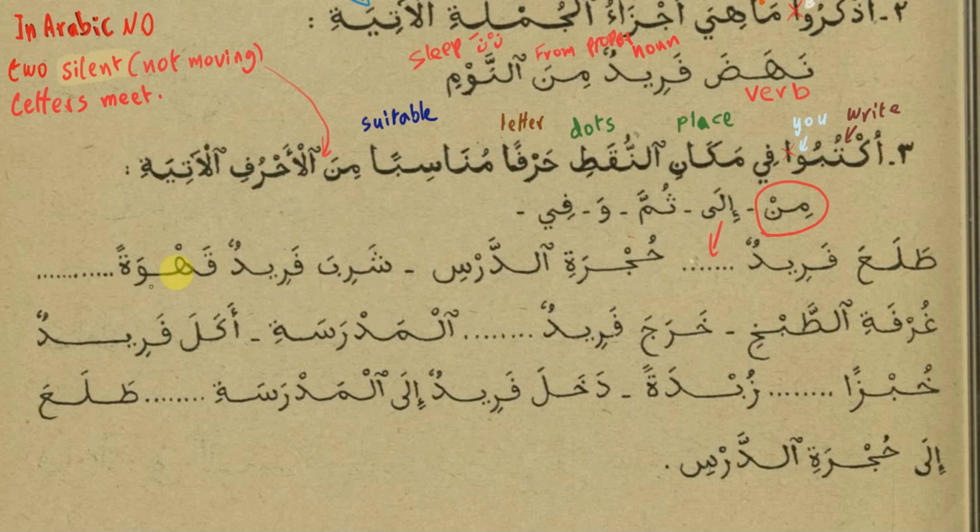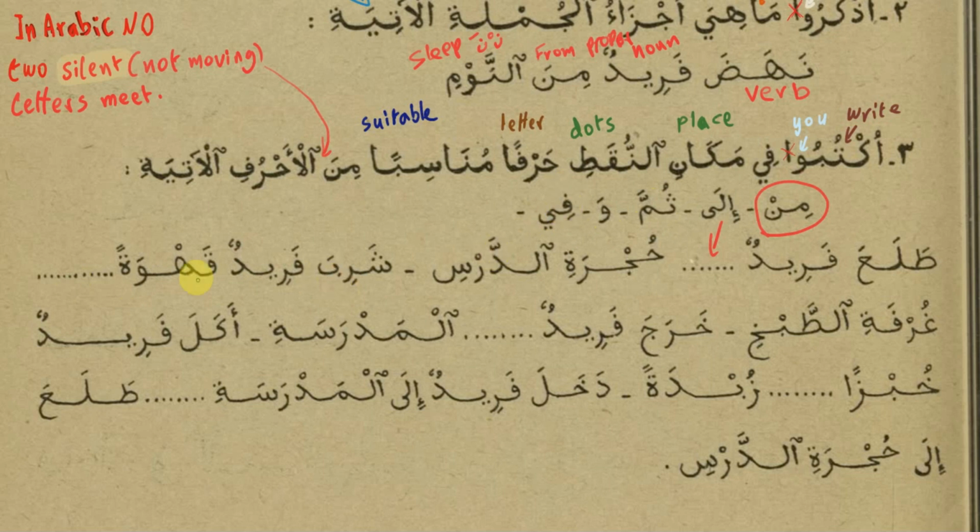So شرب فريد قهوة. شرب, he drank. فريد is the proper noun. قهوة, coffee. So شرب فريد, Farid drank coffee. I would put here ثم, then, و, and, في, in.